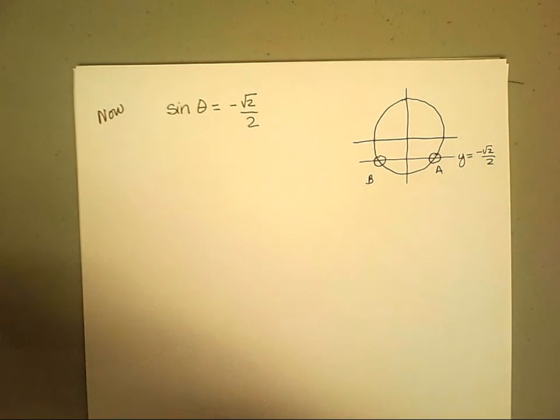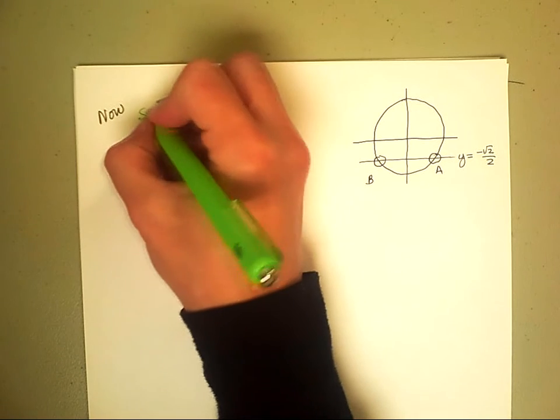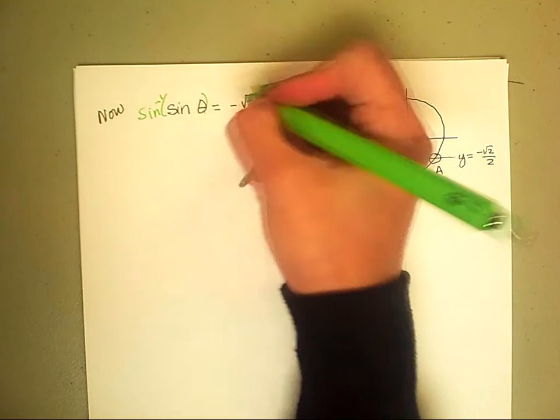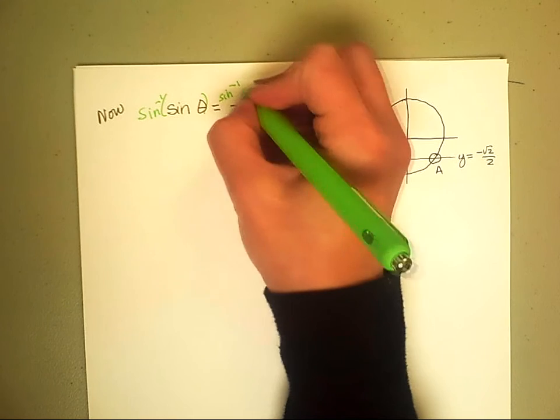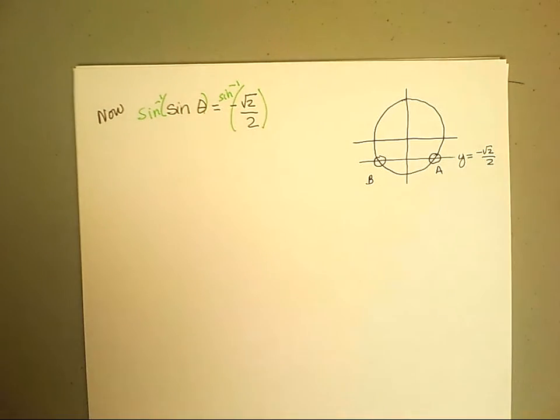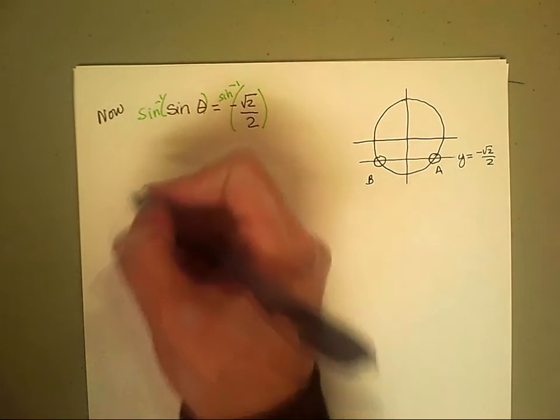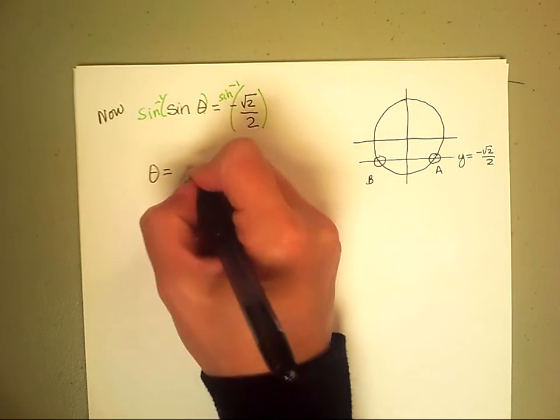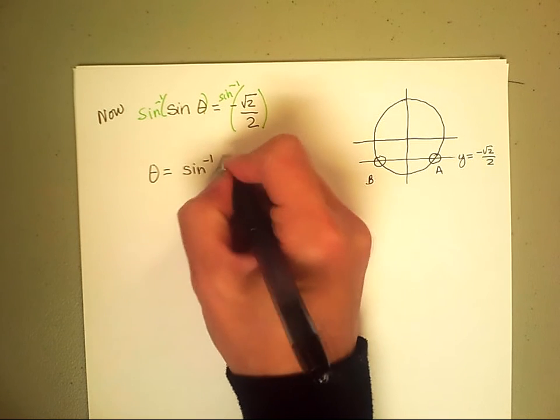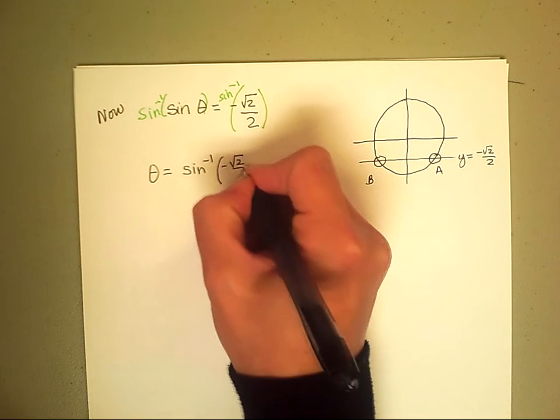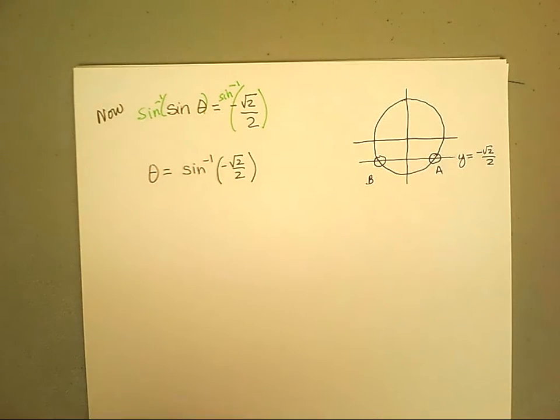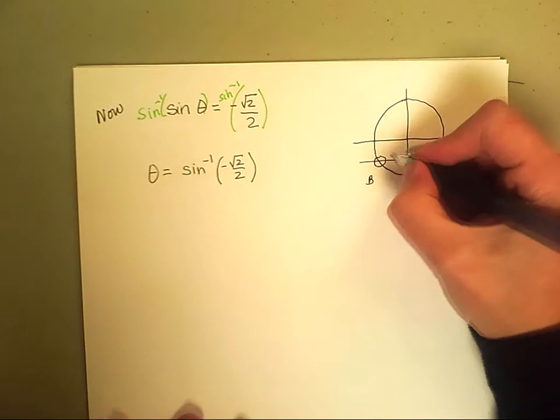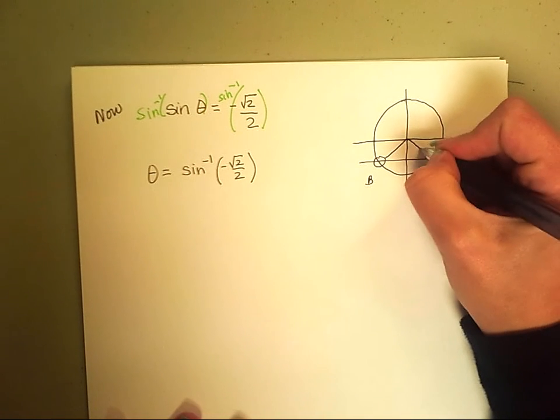So now we can take the inverse sine of both sides. When we do that, we'll find that theta is equal to the inverse sine of negative root 2 over 2. And then we have to ask ourselves, which angle is this?